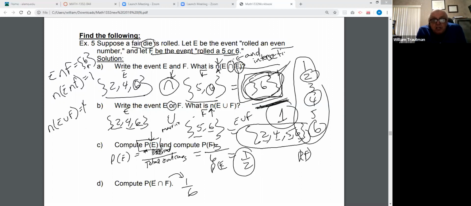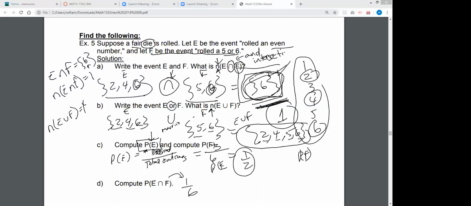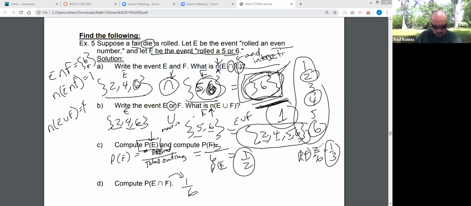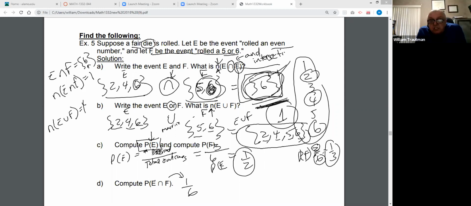F was 2 numbers. F has 2 numbers, 2 out of 6, which is 1/3. Does everybody see how in the very beginning F was 5 and 6? So there's two numbers out of 6, and that reduces to 1/3. So that's the probability of F, and this is the probability of E.